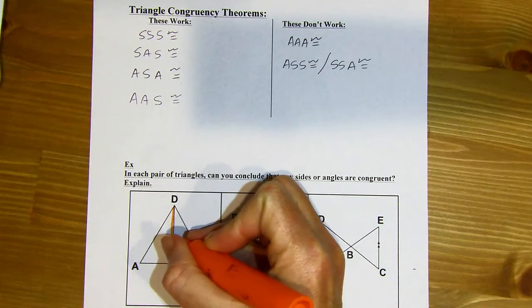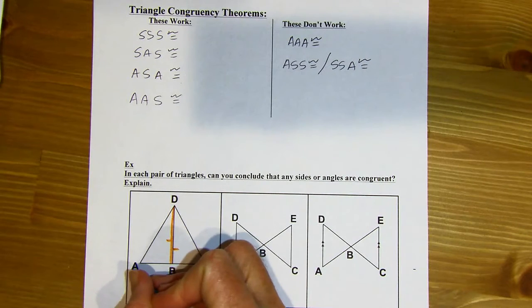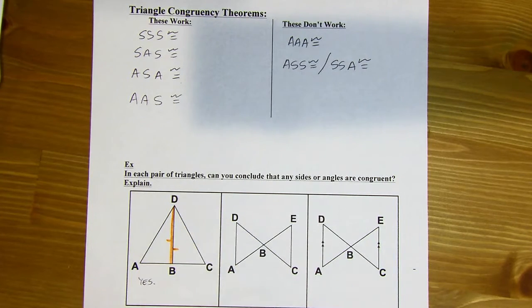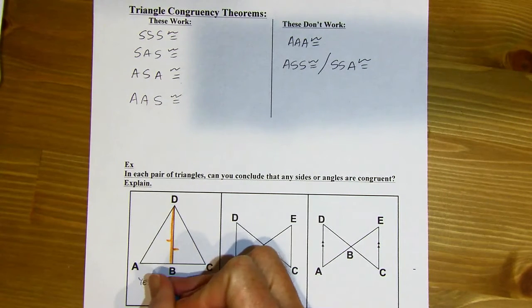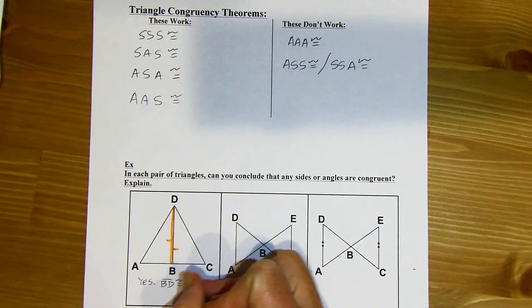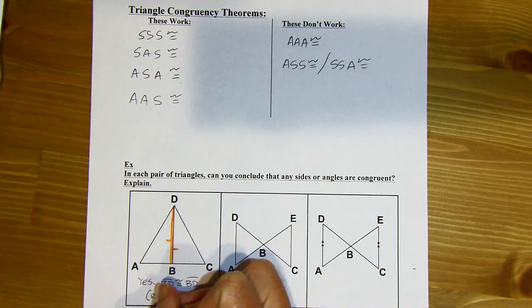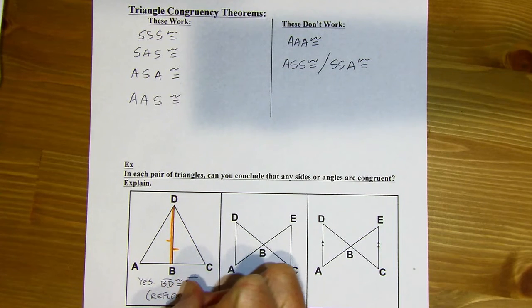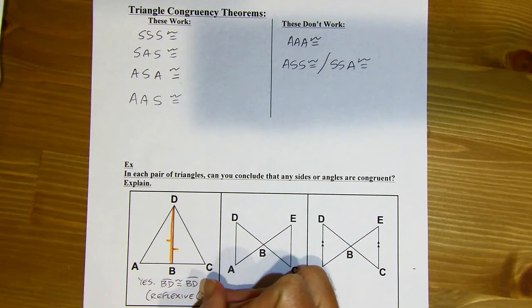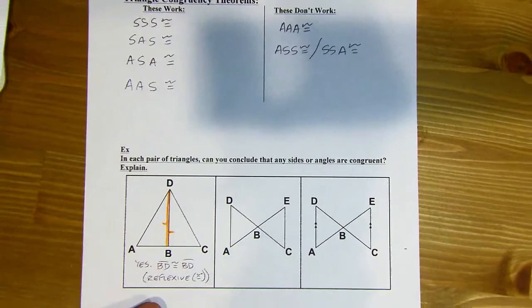So I'm going to mark that like that. It's congruent to itself. So my answer here is yes. And you can call it BD or DB, it doesn't matter. This is congruent to itself by the reflexive property of congruence. Okay, and that's my explanation right there. I'm just saying what theorem I'm using, okay?